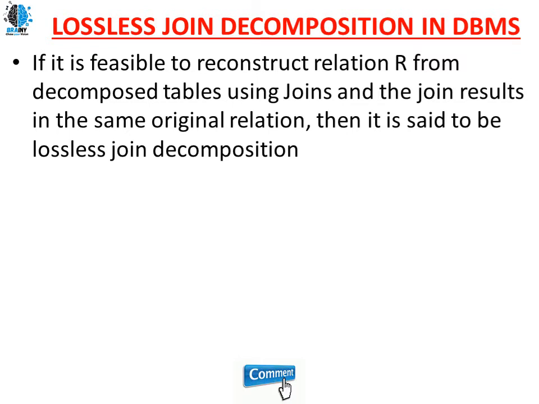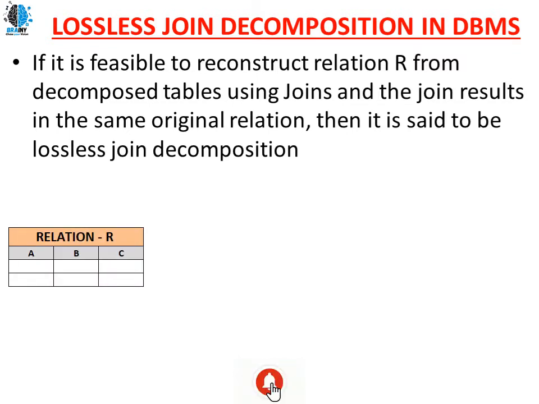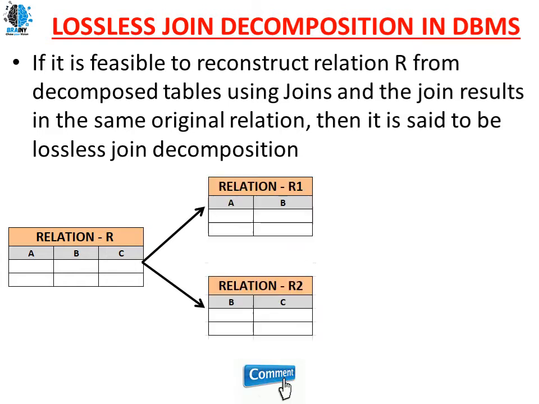Okay, so let's see this in more detail. Let's consider a relation R. I am going to decompose this relation R into two different relations, R1 and R2. What does lossless joint decomposition say?